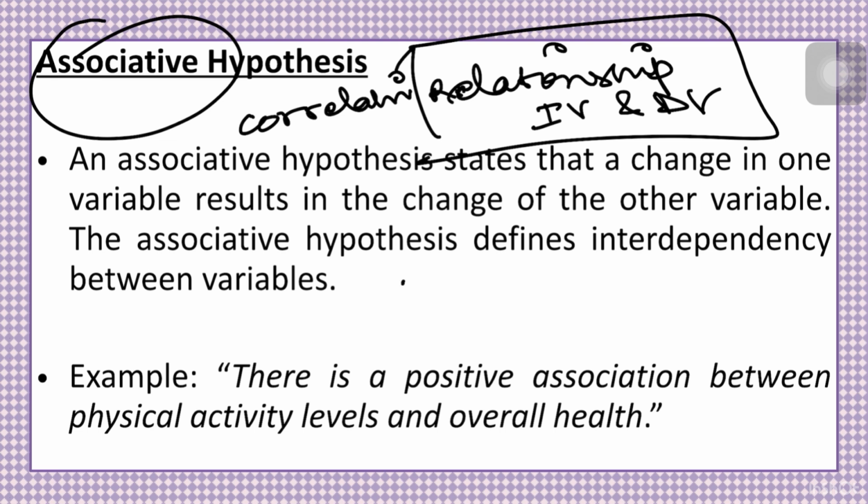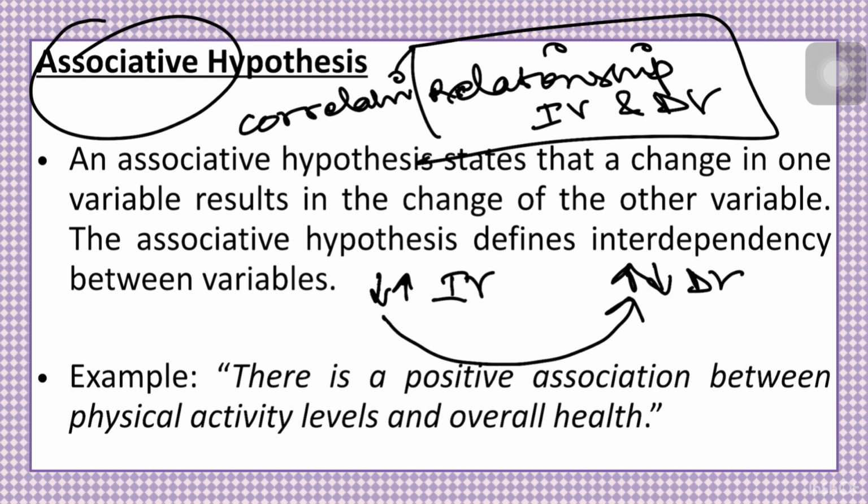Whether by increasing or decreasing my independent variable, the same kind of increase or decrease is observed in our dependent variable or not. An example could be: there is a positive association between physical activity levels and overall health. So this is when we test our hypothesis, that means the relationship between independent and dependent variable is being explored.